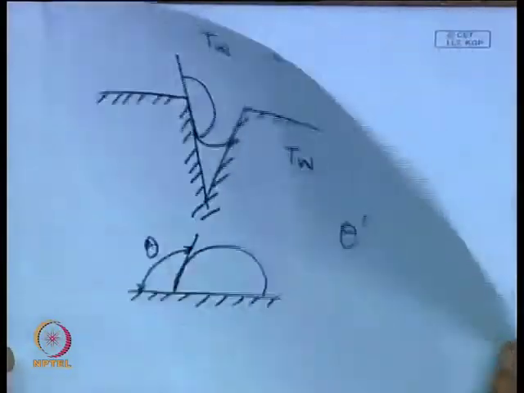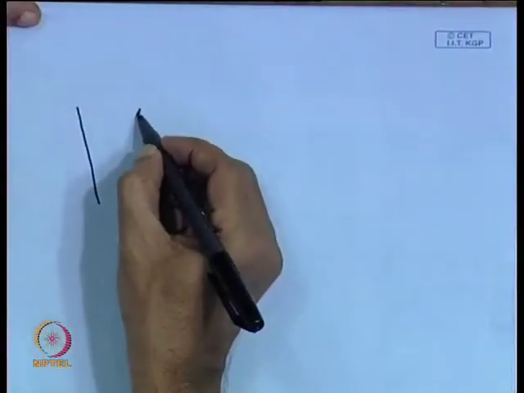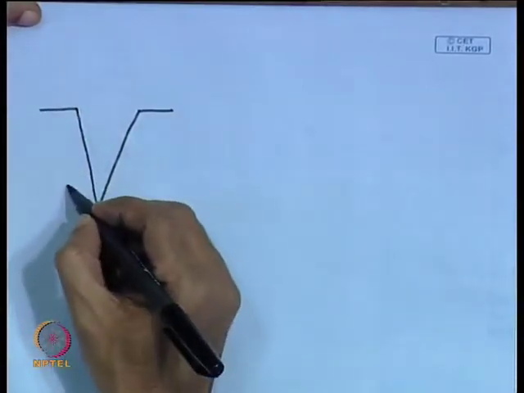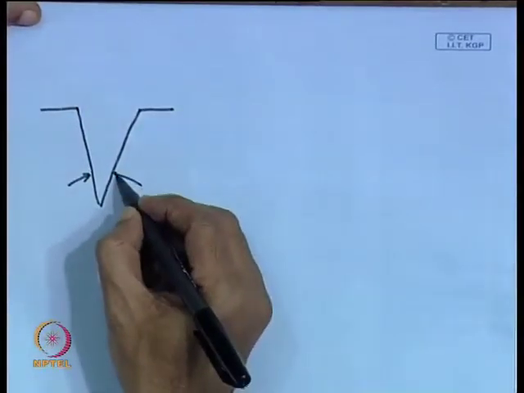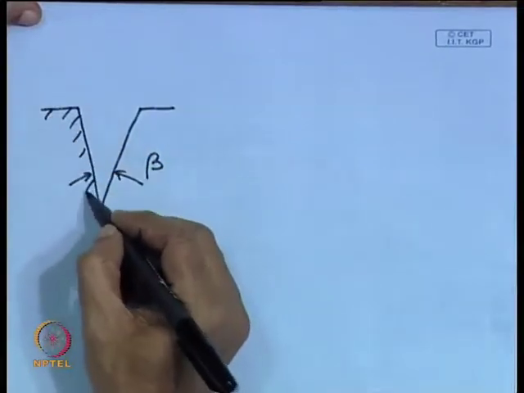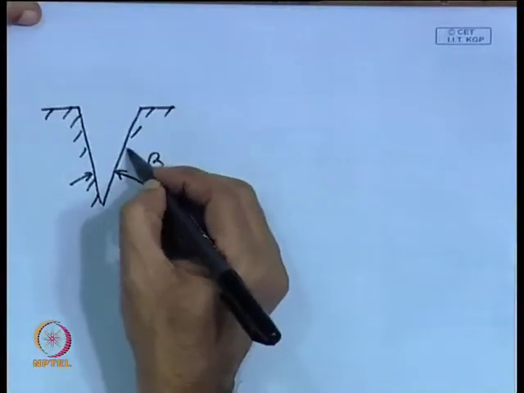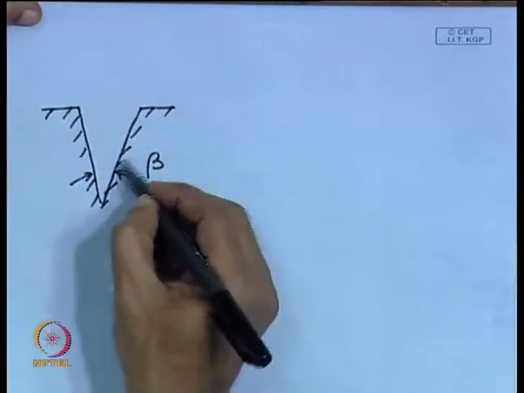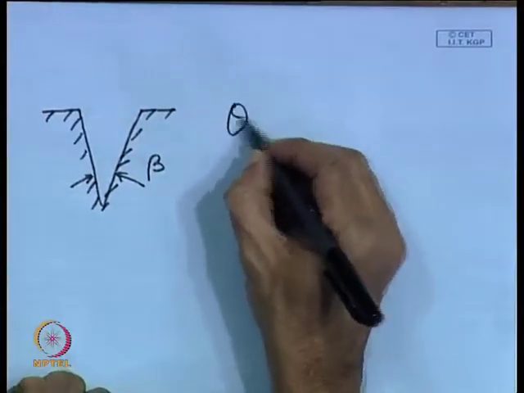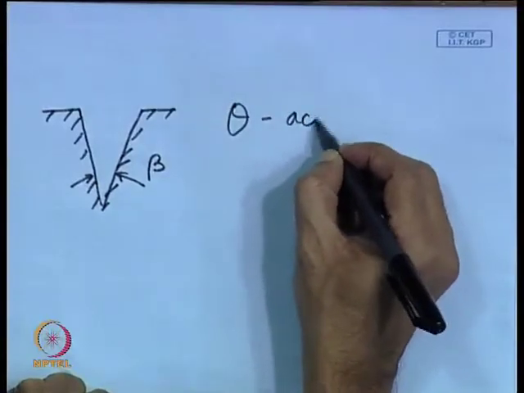If we do a little bit of analysis, suppose this is our cavity, which has an included angle of beta, and let us say for the solid liquid pair the actual contact angle is theta. So, theta is the actual contact angle.